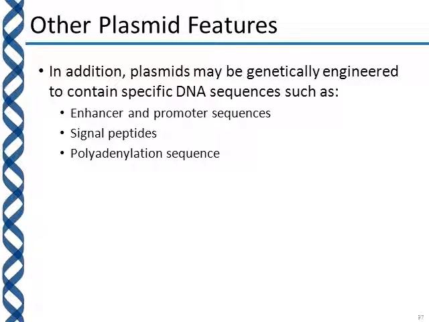Other plasmid features include that plasmids may be genetically engineered to contain specific DNA sequences such as enhancer and promoter sequences, signal peptides, and polyadenylated sequences.